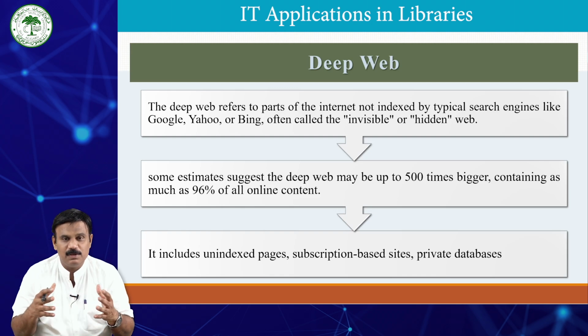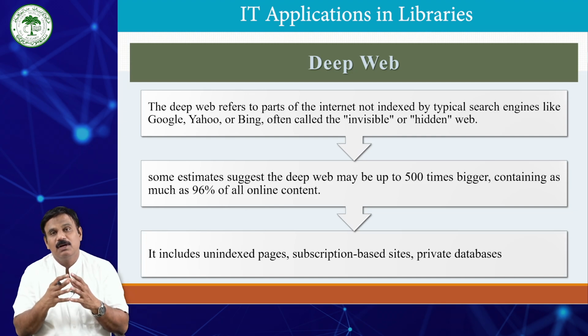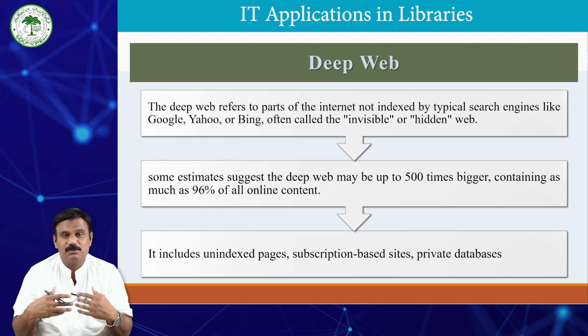So web scale discovery offers a unified platform for searching licensed, open, and local collections, and it also provides a single result for all the collections. After searching the documents of all the websites, all the open and licensed local resources, it will give a single result. That's the beauty of web scale discovery.